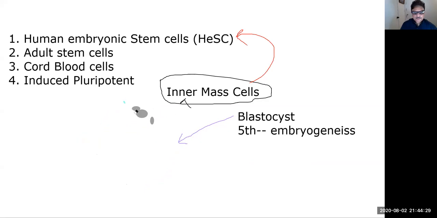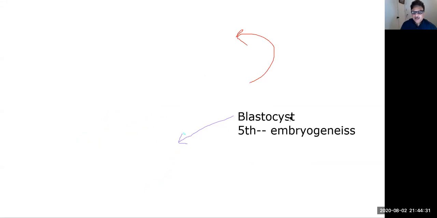Right? Now the second type of stem cell is adult stem cells. So when research on human embryonic stem cells was not encouraged, scientists had to develop an alternate system, and they started working on adult stem cells.